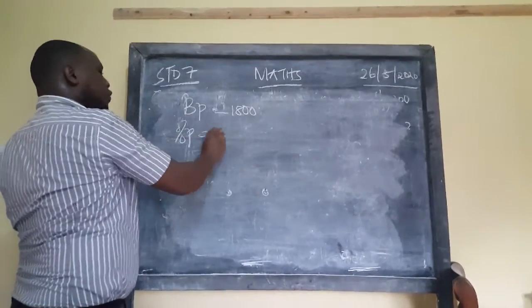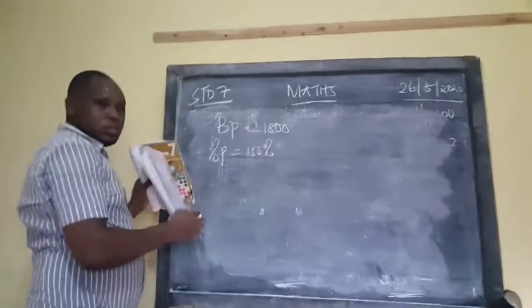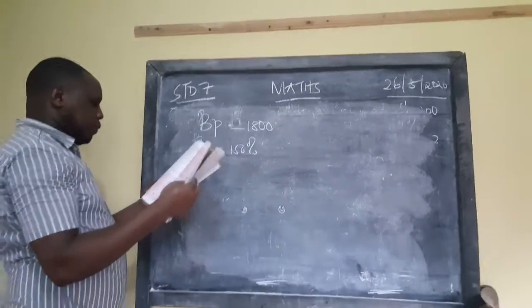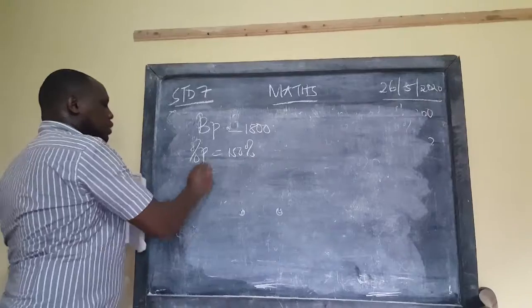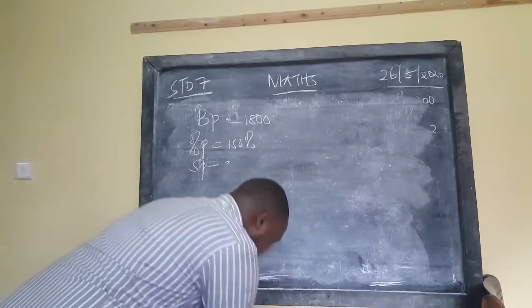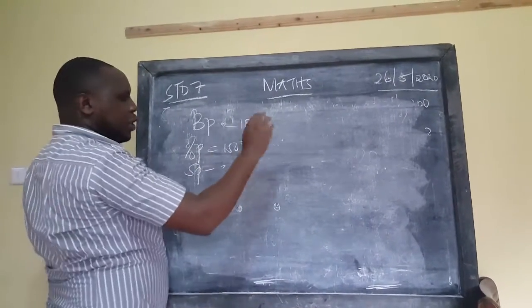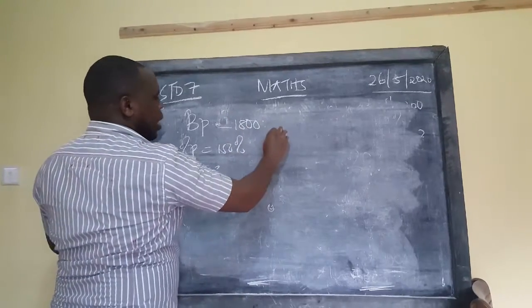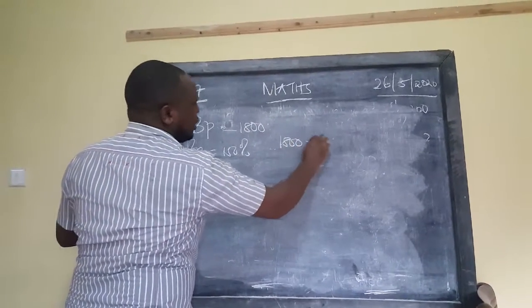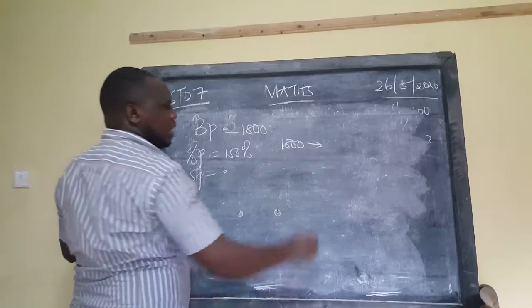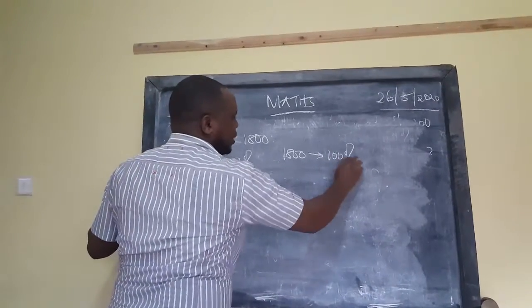Percentage profit of 150%. The question is, what was the selling price? Very simple question. Identify the original percentage: 1,800 shillings is the original amount that he bought with, and that is equivalent to 100%.